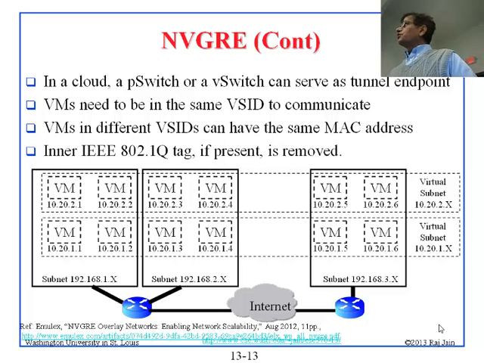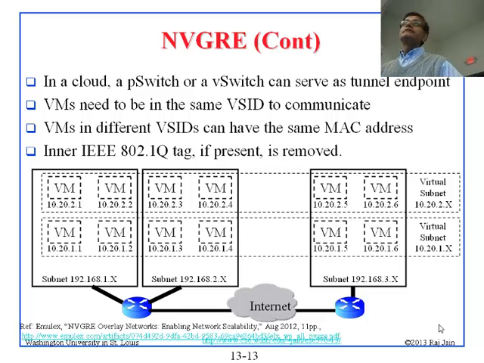So when the packet is going from 10.20.1 to 10.20.2.5, it will be encapsulated into GRE, and these outer headers will be like this, 192 whatever numbers, and they will find their way to this physical machine, and then it will go there.